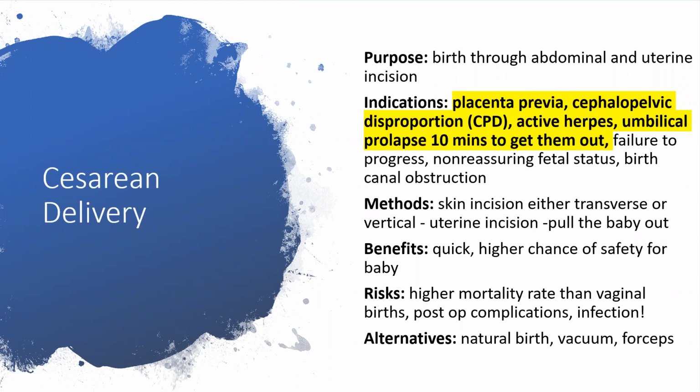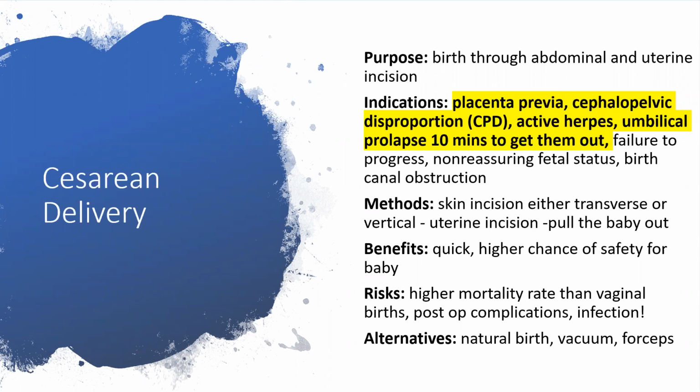With a skin incision, either a transverse or vertical incision to pull the baby out. Commonly today, I would say we're doing transverse cuts now instead of vertical. I think so. We're going to cut this way instead of this way.